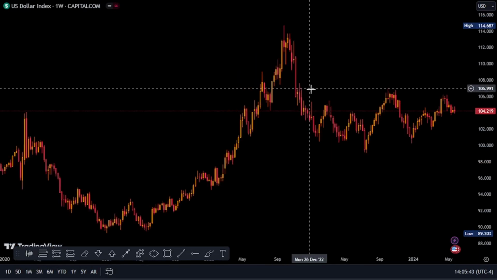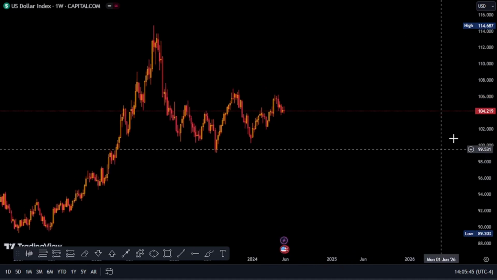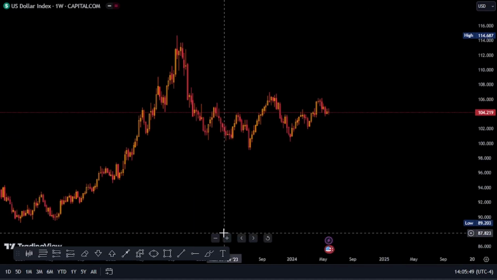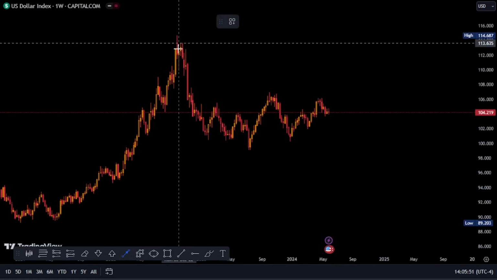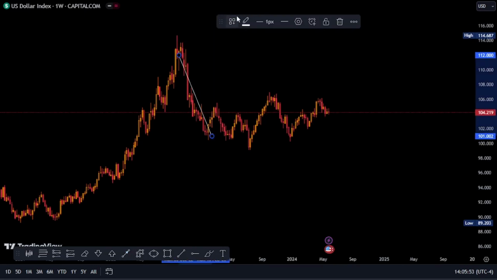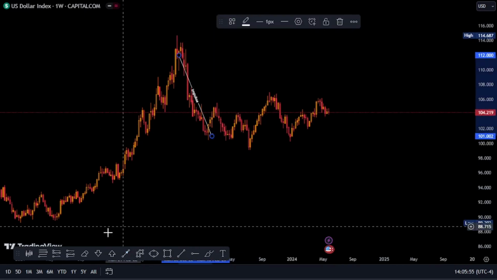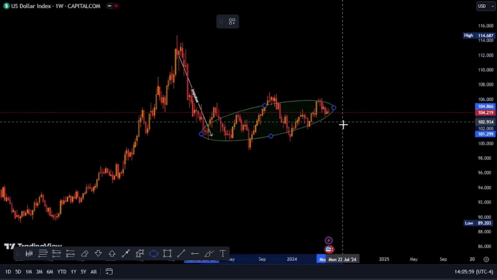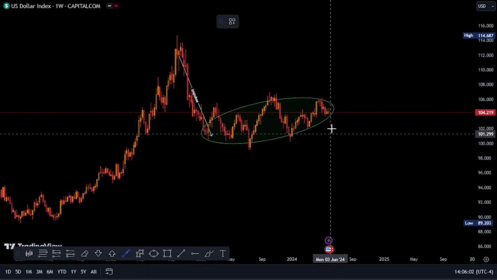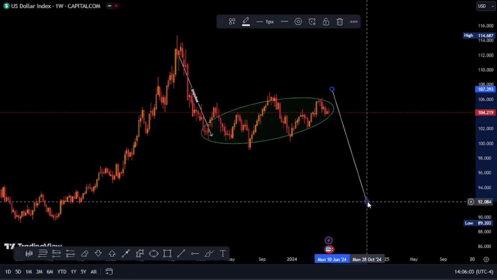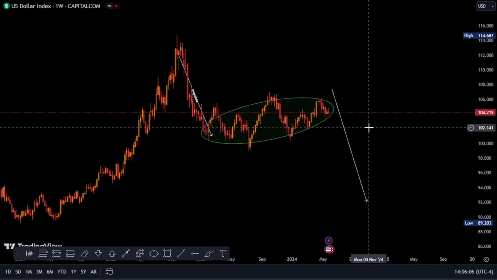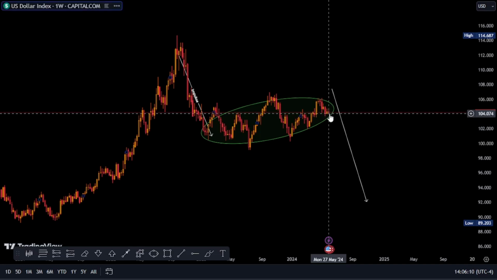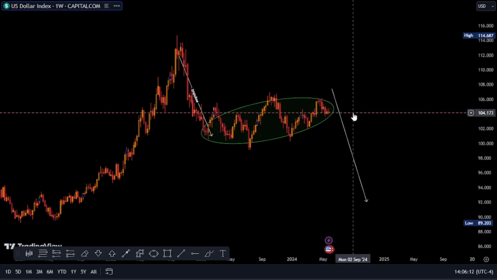So yeah, the first thing we look at is what? We look at impulse, right? We look at correction, and then we're expecting impulse to the downside, right? Easy.